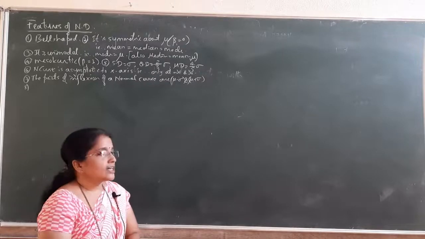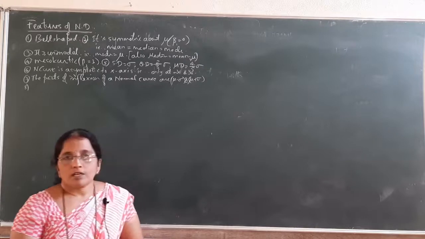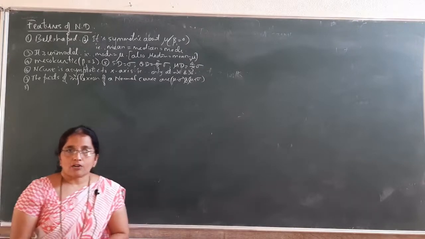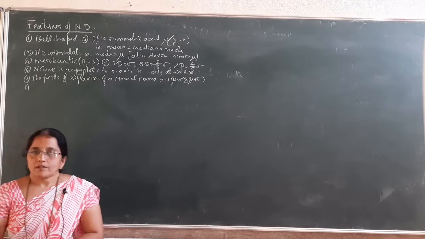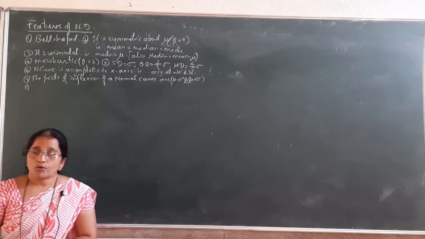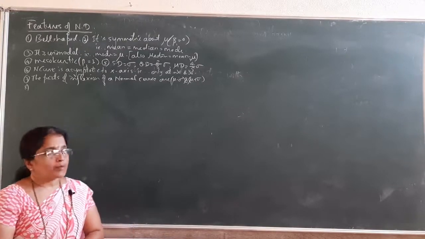Here there are 2 categories of moments. Mu1, mu3, mu5, mu7, those are called odd order moments. Similarly, mu2, mu4, mu6 etc. are called even order moments.